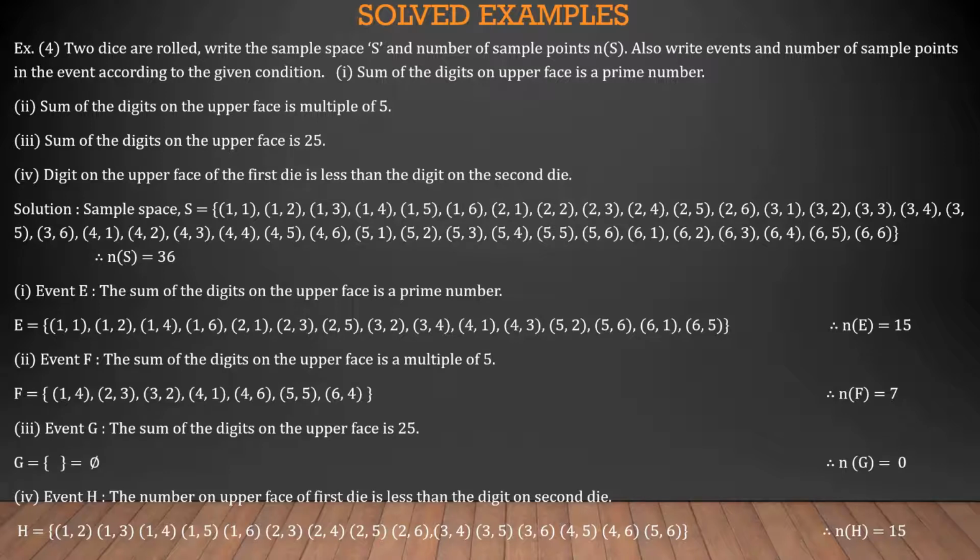These are the numbers on the upper face of the first die which is less than the digit on the second die. So total sample points in event H, N of H, is equal to 15.